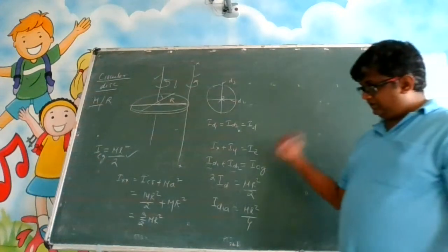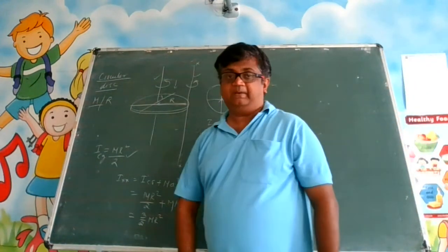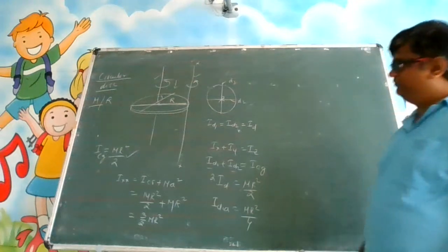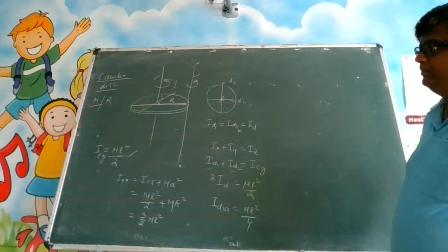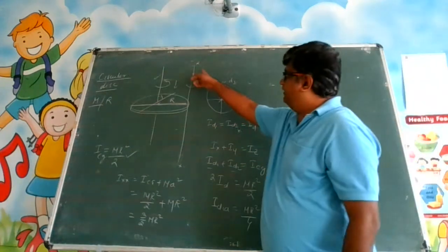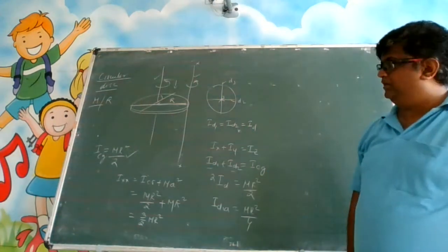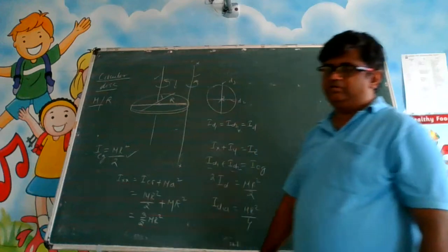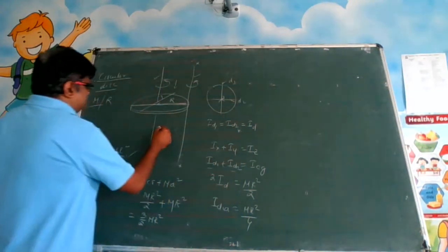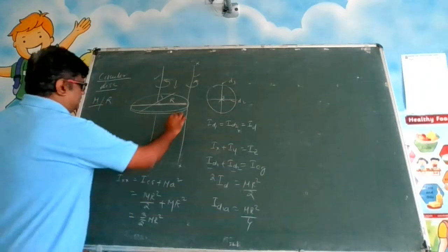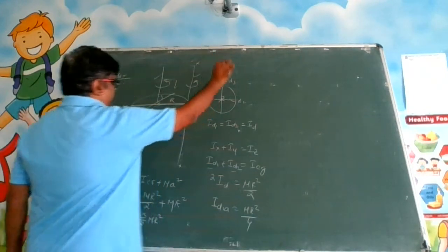So using the perpendicular axis theorem and parallel axis theorem, we can find the unknown moment of inertia. Like we first found out about xx, right? Then we found out about the diameter. Suppose in the question they say that you find about any tangent, like this.